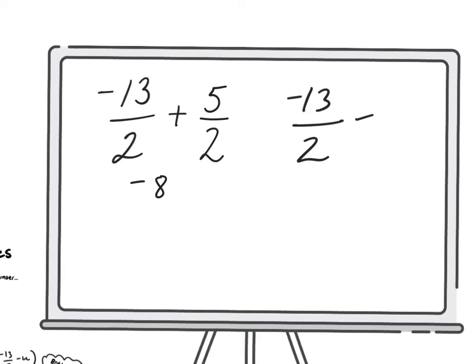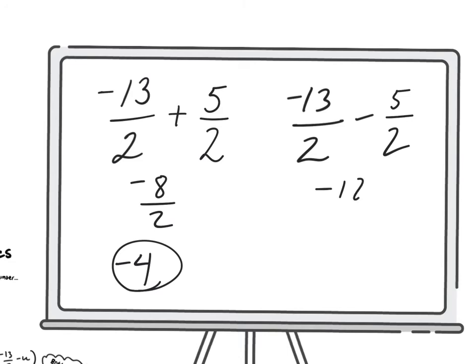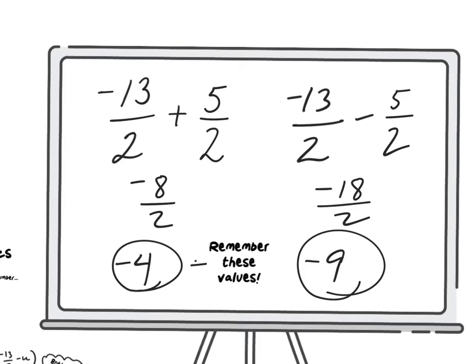That gives me negative 8 divided by 2. That is negative 4. Negative 13 over 2 minus 5 over 2 is negative 18 over 2. Divide that, and the result is negative 9. Remember these values. We will take a look at them in one moment.